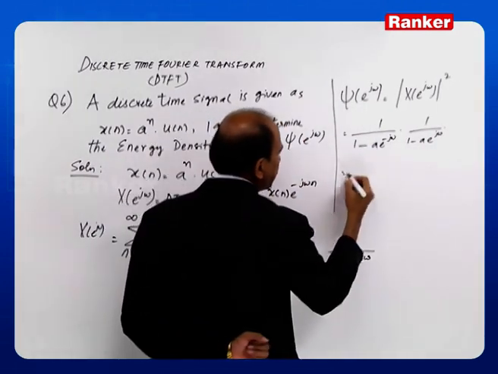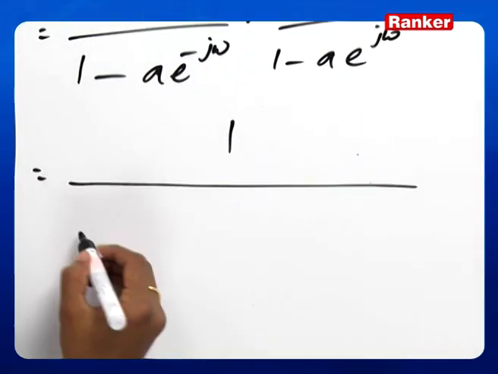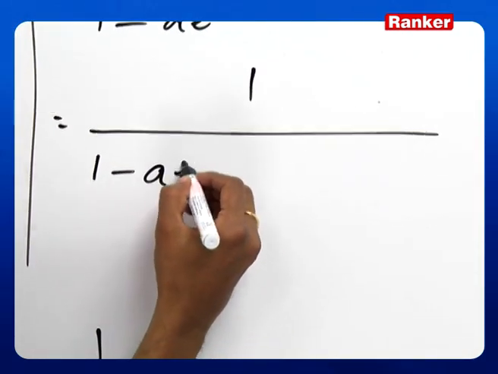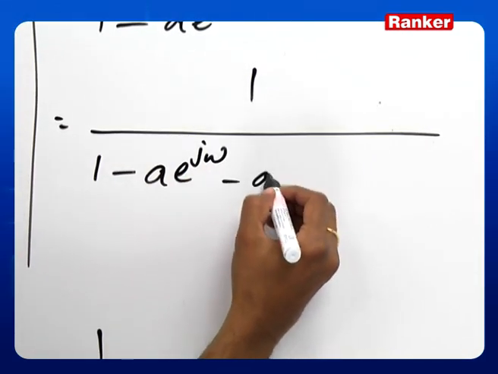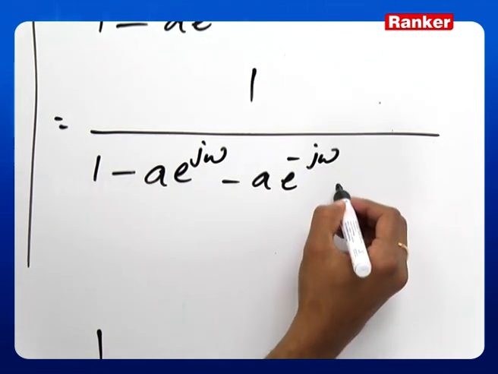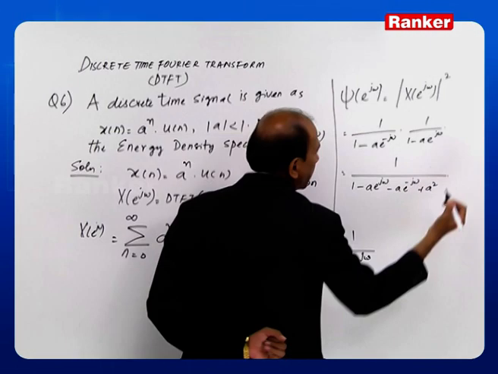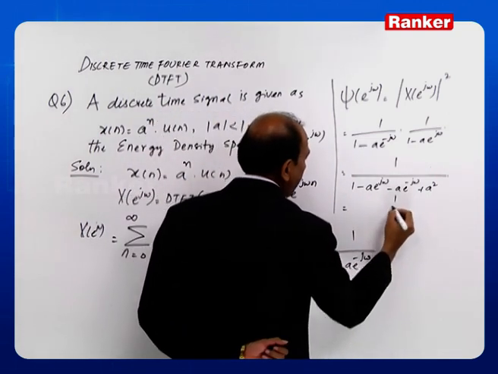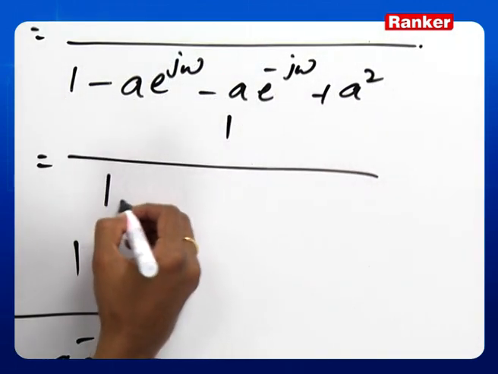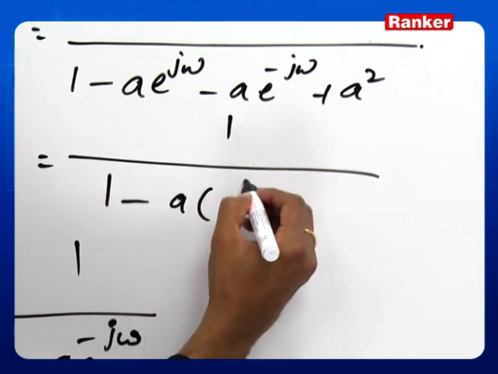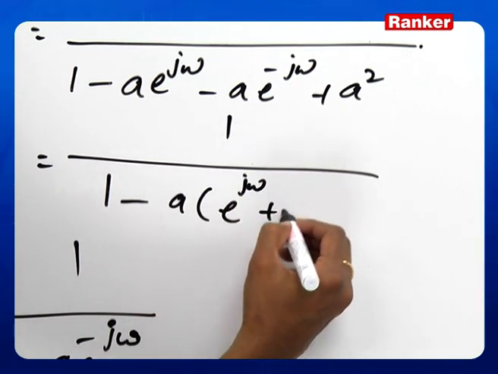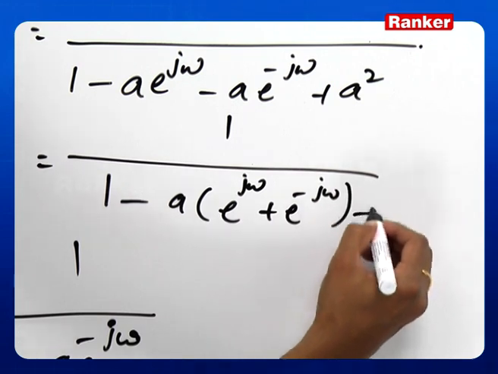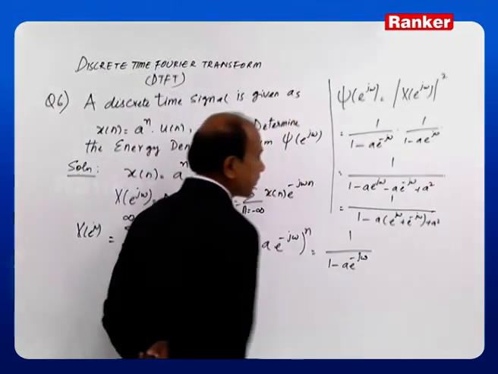So, let us calculate this, then I will get 1 by 1 minus a, e to the power of j omega plus e to the power of minus j omega, plus a square.